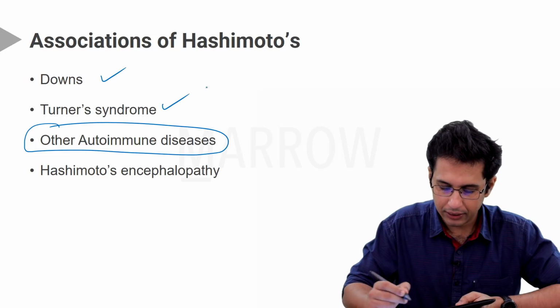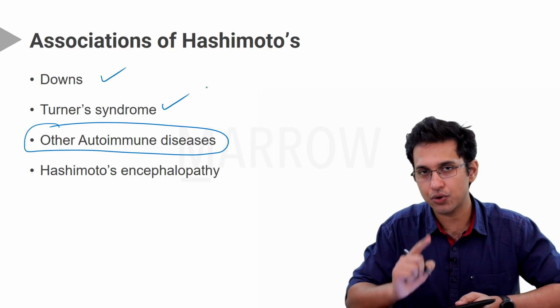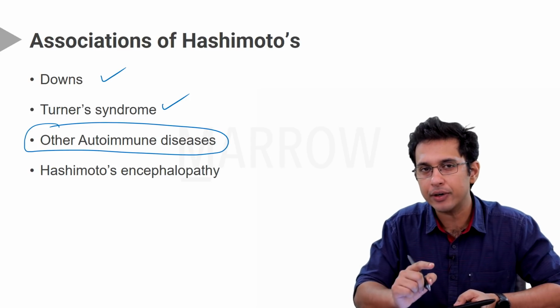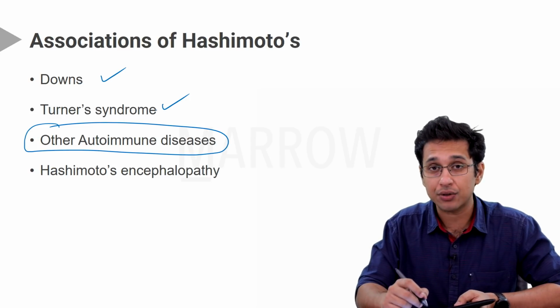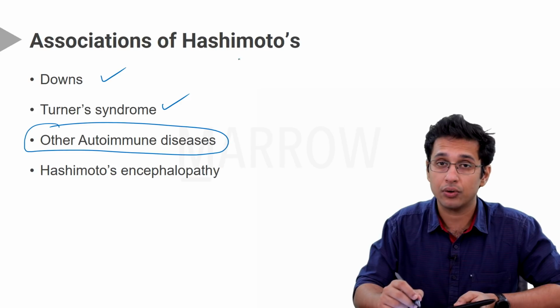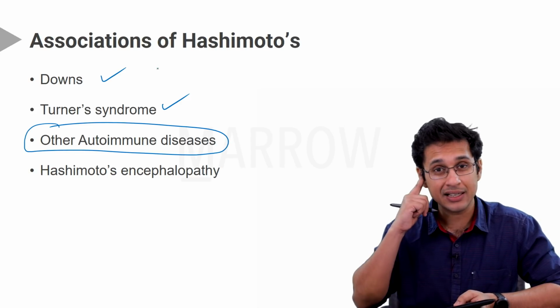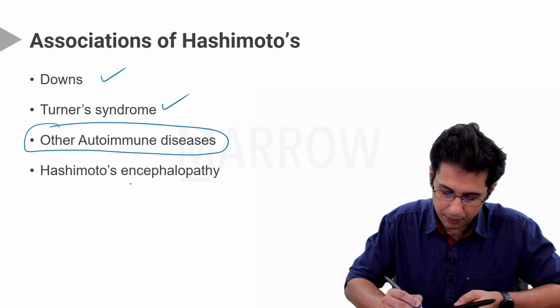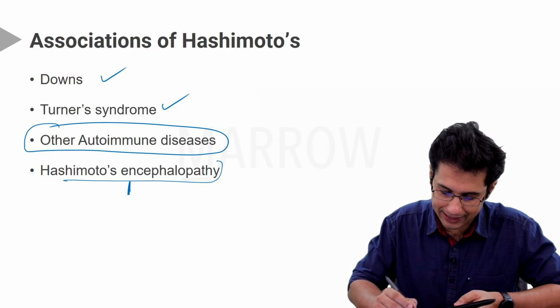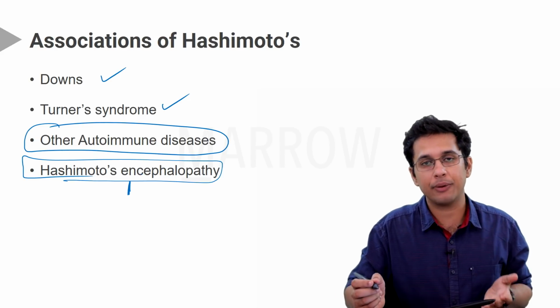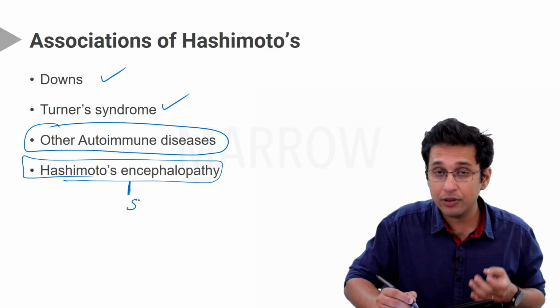Down and Turner syndromes can have hypothyroidism as an association, and if it is associated, the most common cause of hypothyroidism in Down and Turner is actually Hashimoto. And there is one more thing, Hashimoto's encephalopathy. This was asked previously. So how do we understand Hashimoto's encephalopathy? I will give you the keywords.